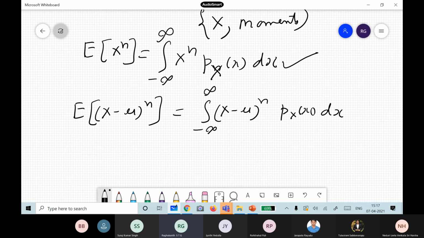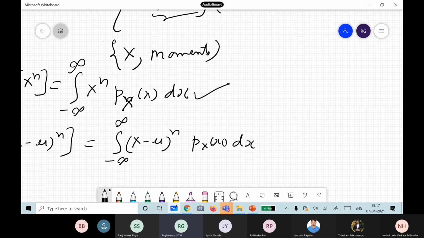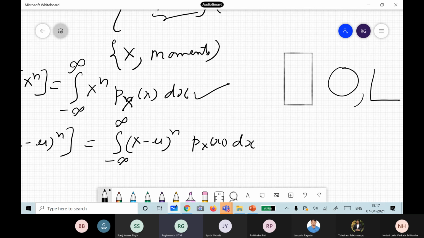Here it is the same as in our engineering. If you have a rectangular or circular cross section, how do you describe cross sections?